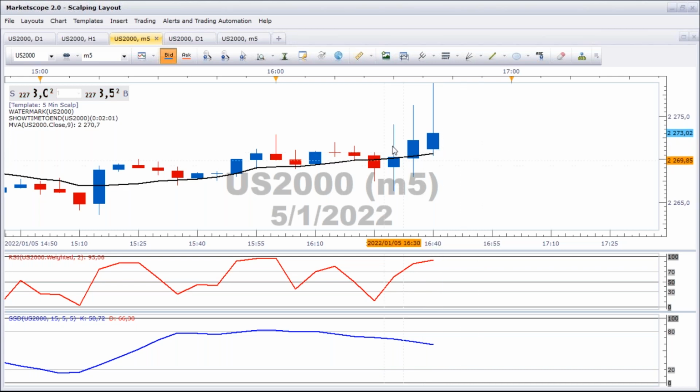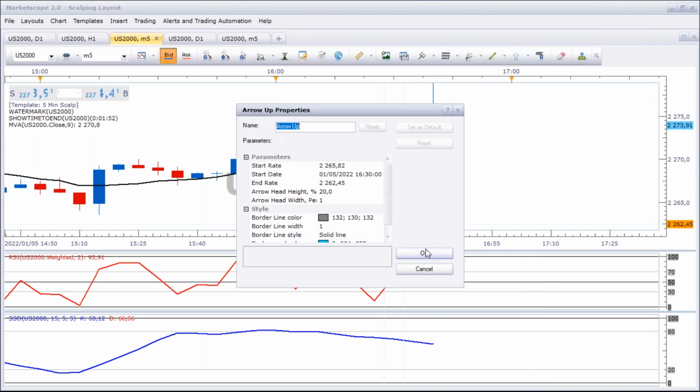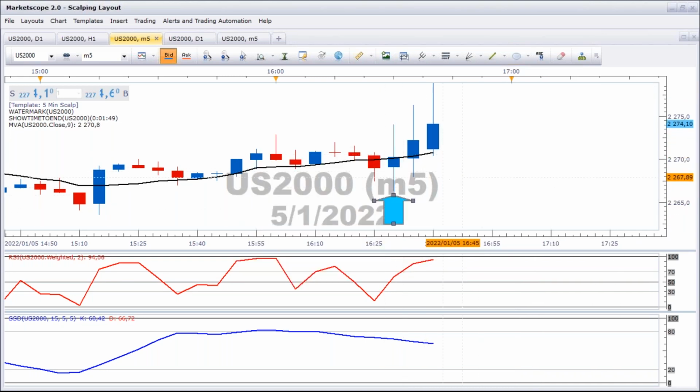The issue I'm having is, let's put in an arrow: the first 5 minutes is a spinning top, no real direction. Second, spinning top. Third, this looks like an inverse hammer.